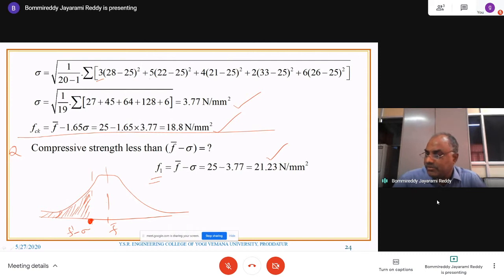But here don't use 1.65, because here the area is such that the deviation is sigma only, whereas 5% is associated with 1.65 as the constant value. So sometimes the question may be like this or in this way.